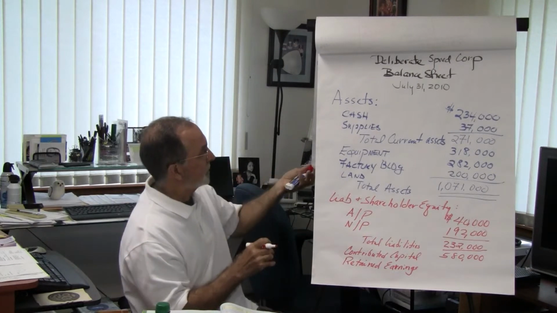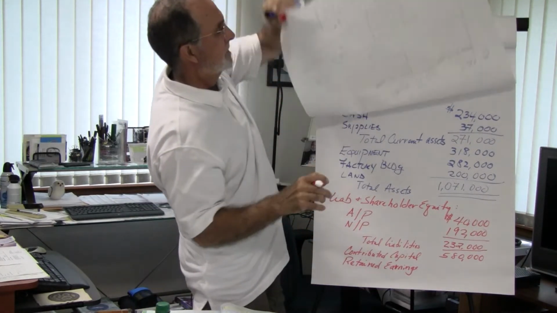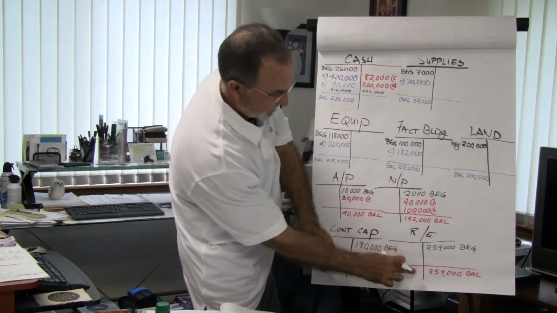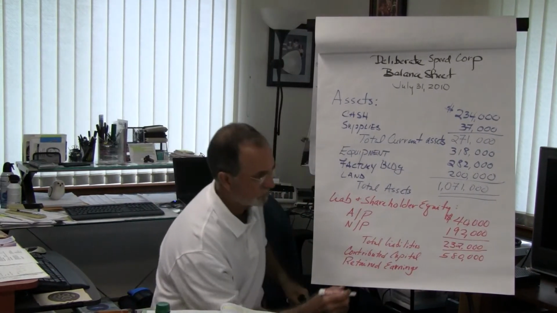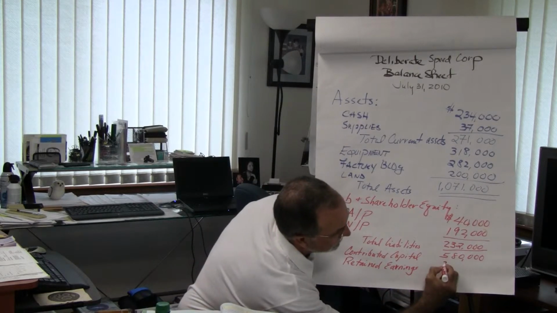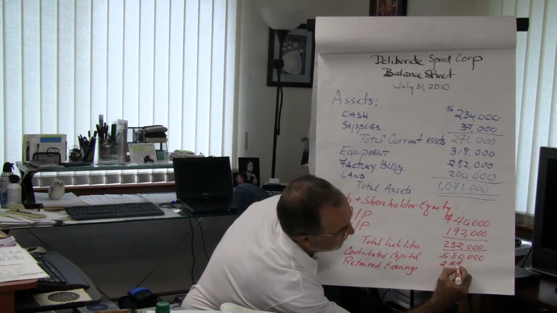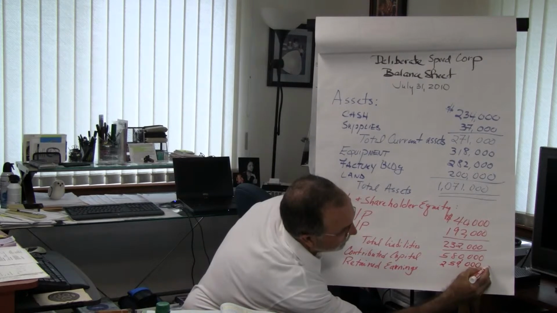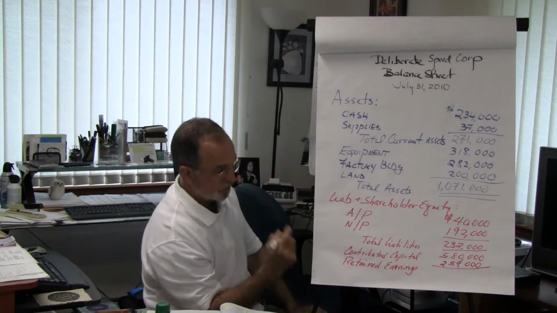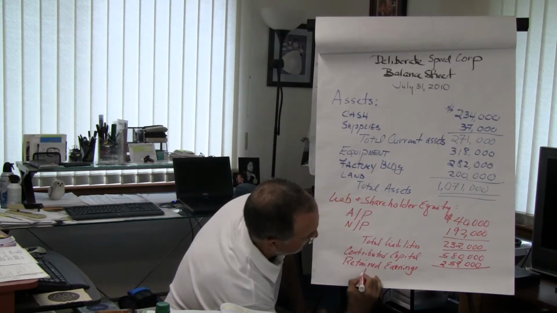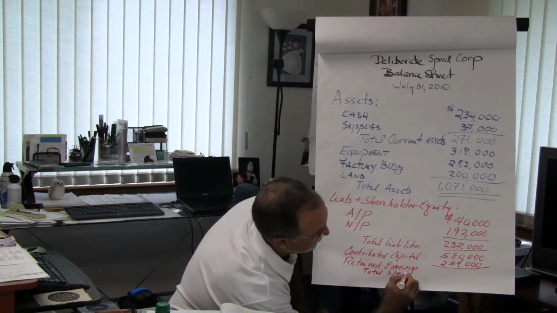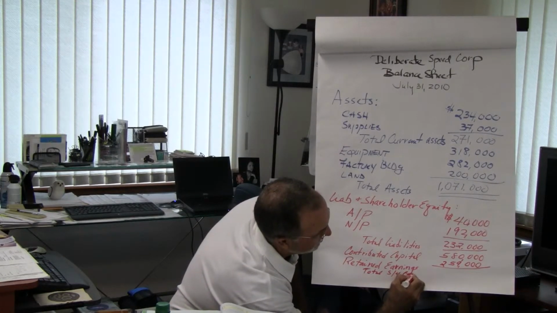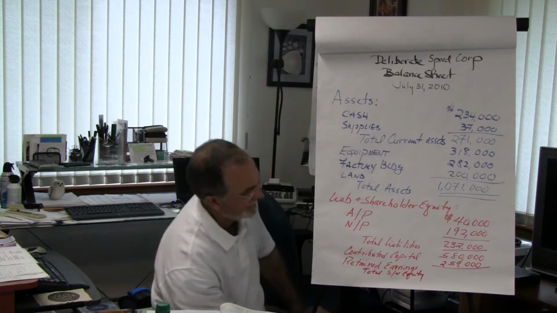And again, our retained earnings balance from the T account is $259,000. So then we get our total shareholder equity amount. It's going to be a tight squeeze on the bottom here.